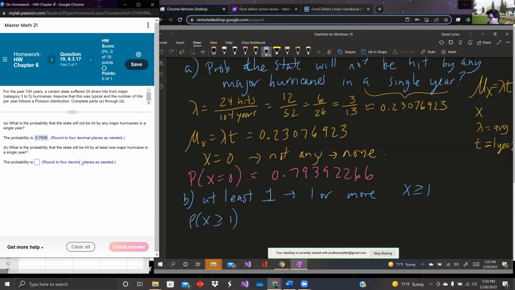Recall, we said probability that x equals 0 plus probability that x is greater than or equal to 1, doesn't matter what the thing is, should equal 1. So without even going over to StatCrunch, I can calculate this. One minus 0.79392266.